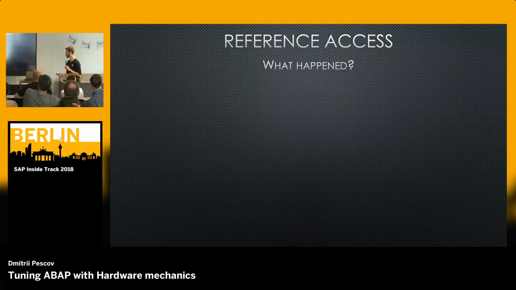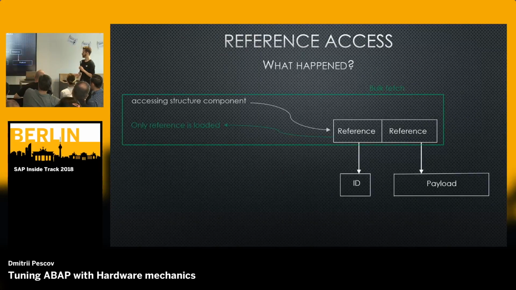So what happened? We're accessing this structure in a bulk fetch. This part is already known. But the problem is that my algorithm doesn't actually care about the references. It cares about the ID variable, and that it doesn't get in that bulk fetch.